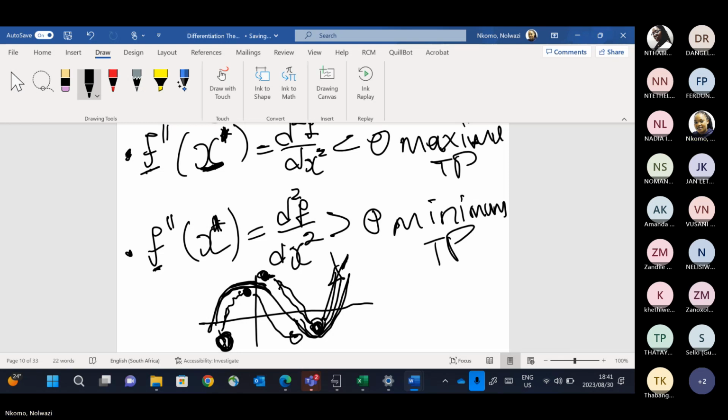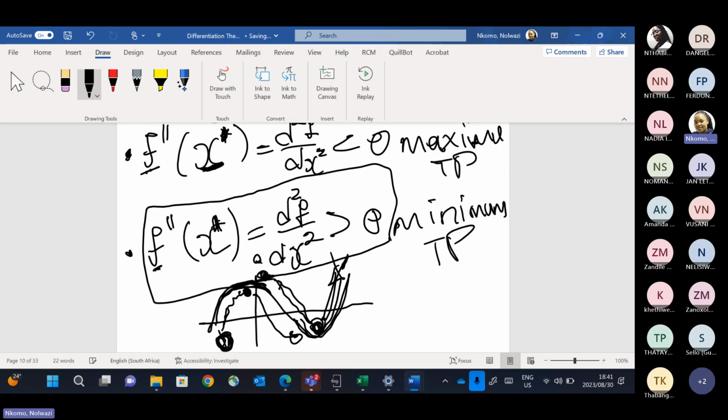Meaning, just take this as, you are here at the top, this is greater than 0. You are throwing it down, then it reaches the minimum, then it goes up, meaning you will find the minimum point.